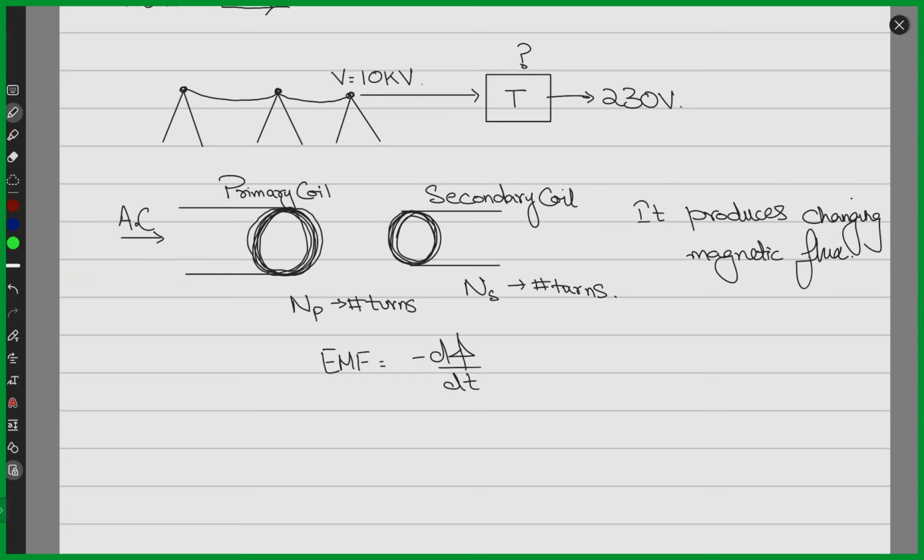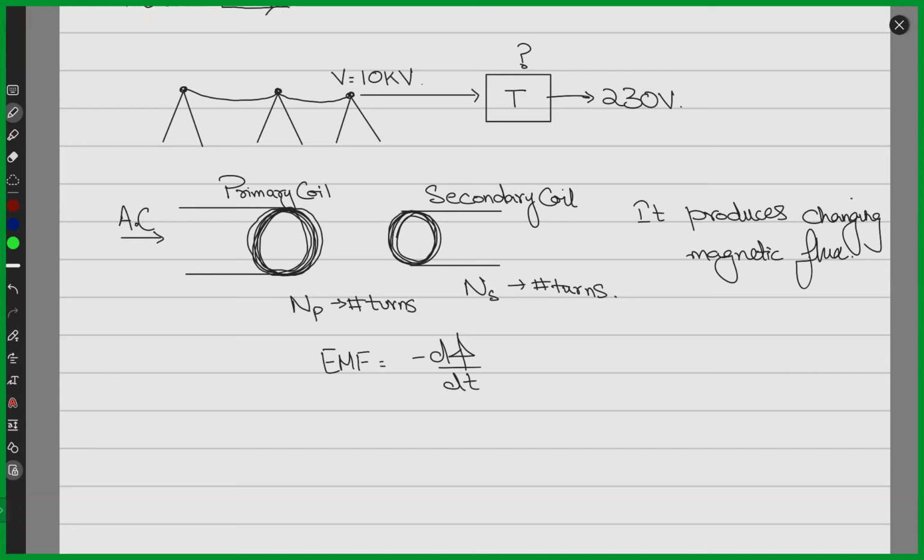Now, this alternating magnetic flux in the transformer is then cut by the secondary coil. And the cutting of that alternating or changing magnetic flux is then what is producing this EMF, minus d phi by dt.